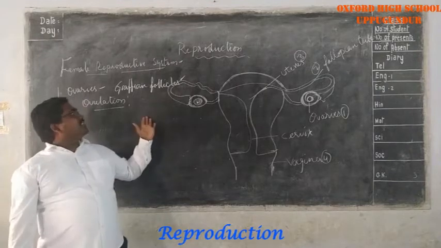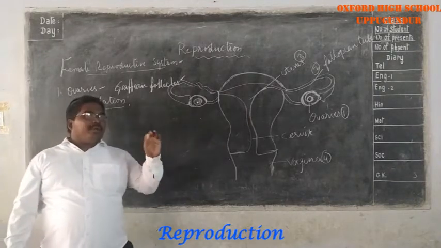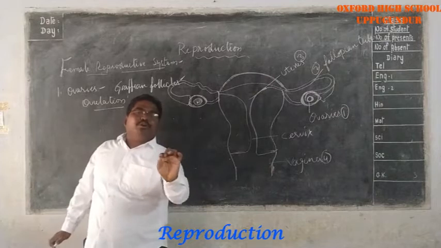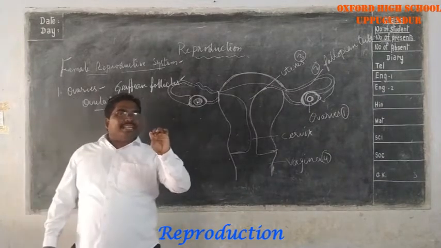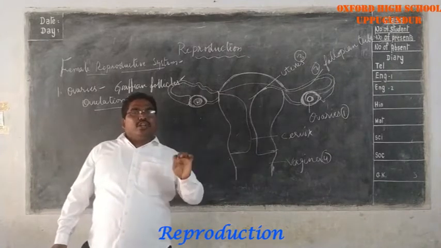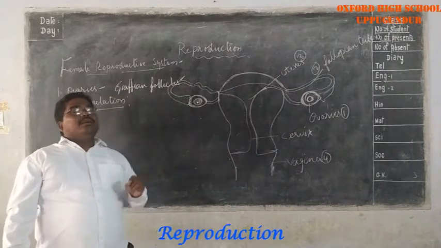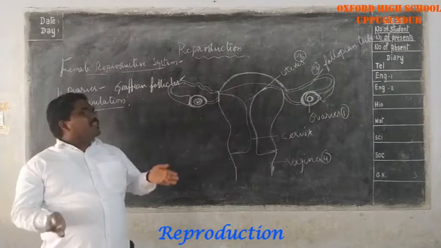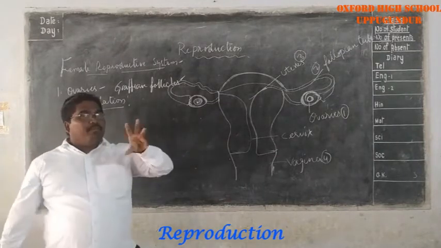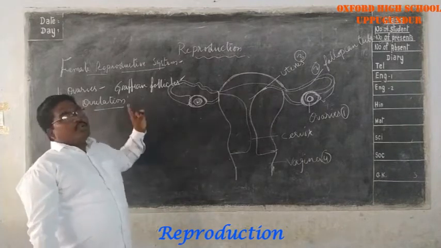Do you understand? This is about the ovaries. There are a pair of ovaries present in the abdominal cavity. The ova develop in the tiny cellular structures called follicles, the Graafian follicles.